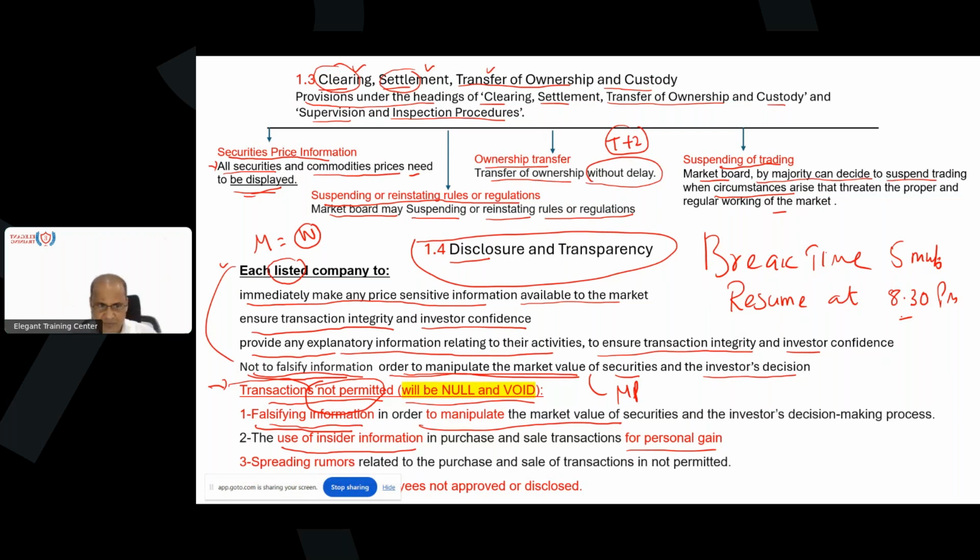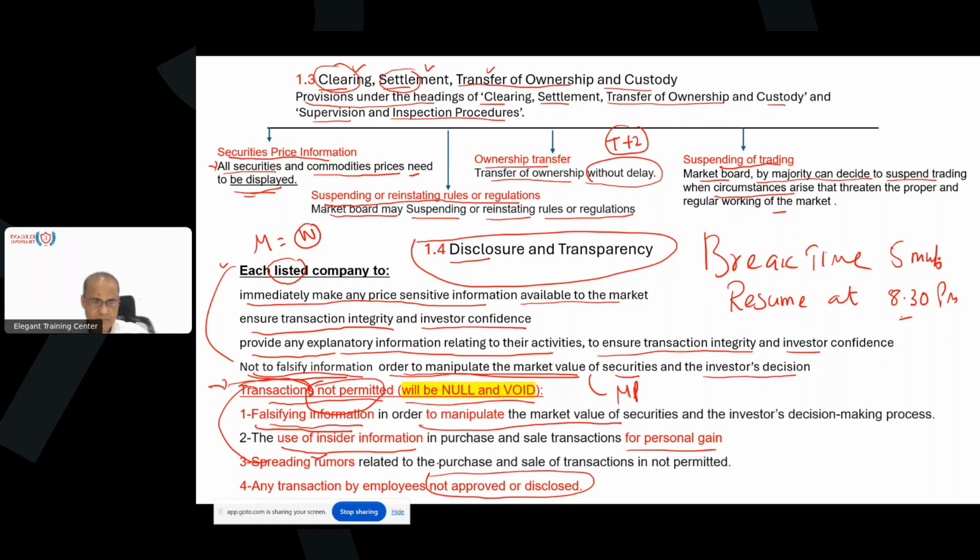Number three, spreading of rumors. Any transactions based on rumors will also be null and void. Number four, any transaction by employees not approved or not disclosed. What is it?